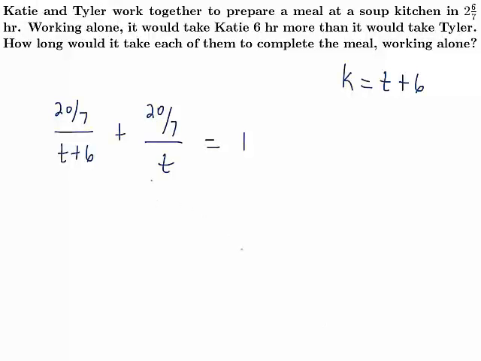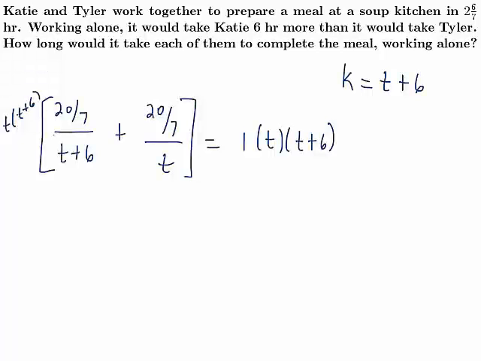To solve this equation for T, we're going to multiply both sides of the equation by T times T plus 6. Multiply the whole left side by T times T plus 6.